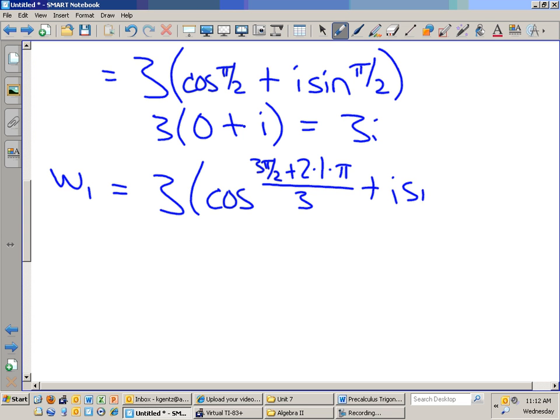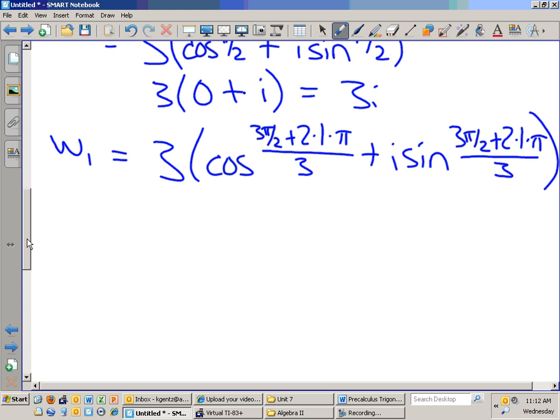Plus i times the sine of 3 pi over 2 plus 2 times 1 times pi over 3. So let's see if we can do this in our old brains. If we can, I'll write it out. But if you can do this in your brain, it will help you.